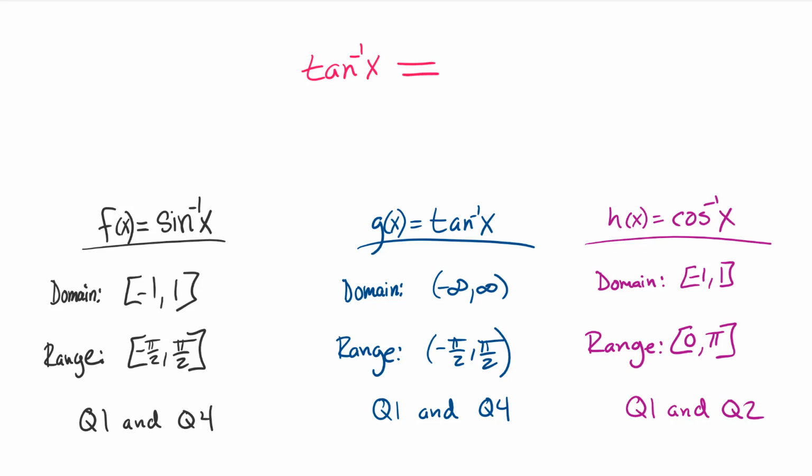Tangent inverse does not equal sine inverse over cosine inverse. Okay? That is not true. The inverses don't work that way. Inverses are angles. Everything works differently this way. For now, all we're doing is swapping our inputs with our outputs, our ratios with our angles. In the next one, we'll start talking about how to do this.